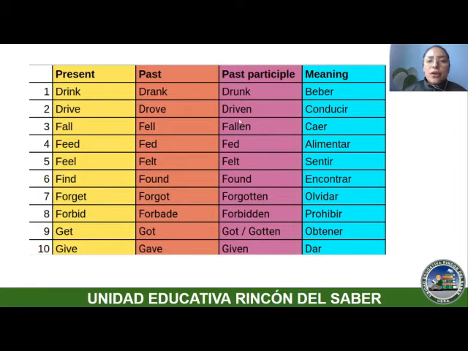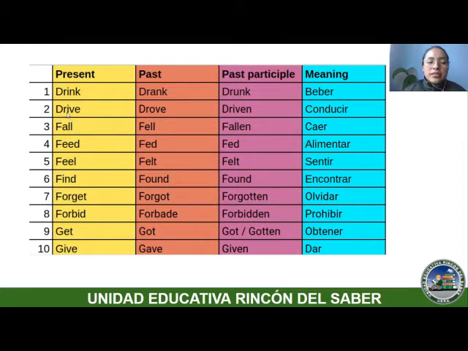In the case of irregular verbs, when you conjugate the verb, the form of the verb changes. For example, in present, drink. In past, drank. In past participle, drunk. Meaning, in Spanish, beber. Okay?